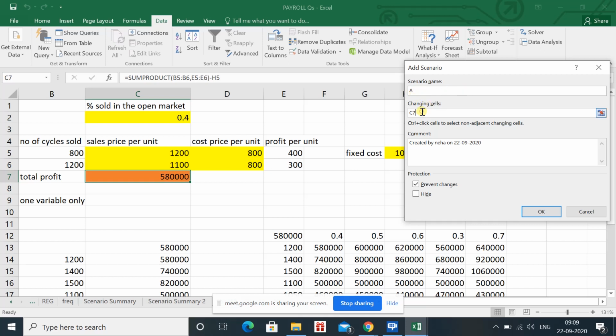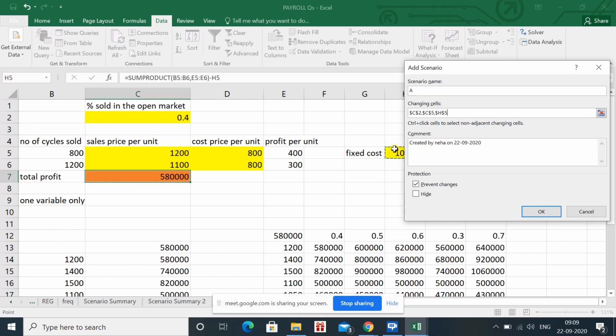And for the changing cells, which cells do you want to change? I want to change the percentage sold in the open market, the selling price, and the fixed cost. The three variables are not mentioned in the question, but we have already seen the impact of the percentage sold in the open market and the selling price in the open market.